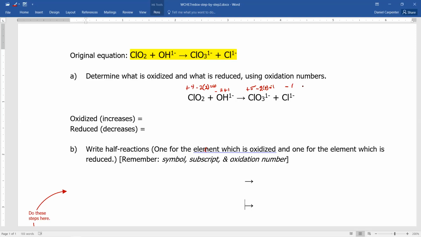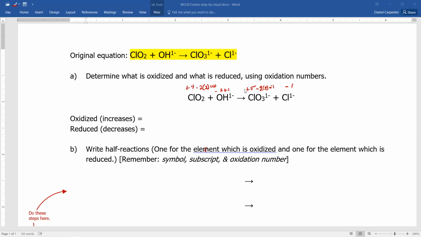Now we have a really interesting case here, and we're going to have to pay very close attention to what we're doing, because chlorine goes from +4 to +5.